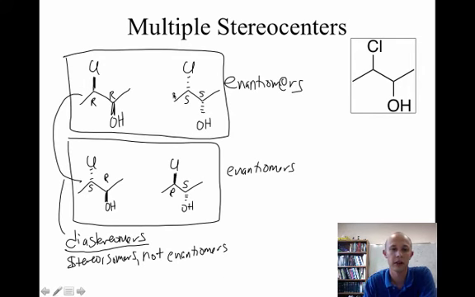So similarly, the relationship between these two compounds, those are also diastereomers. So we have 4 stereoisomers. The relationship between these two is enantiomers. The relationship between these two is enantiomers. The relationship between the other pairs is diastereomers.